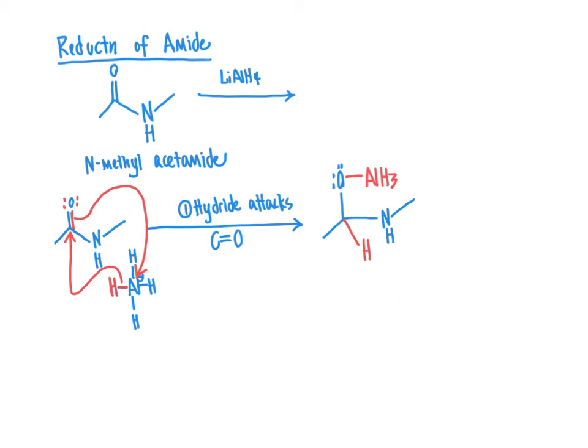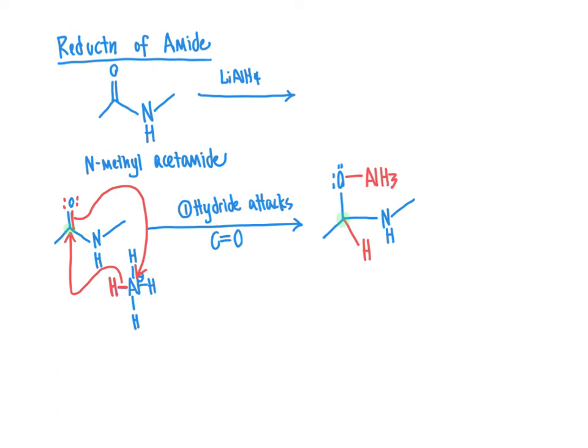And I will highlight in green here our carbonyl starting material, that carbonyl carbon becomes the carbon that we have in the product side right here. So now we have our oxygen directly bonded to the aluminum, oxygen AlH3. We have our hydride that's come in and formed a bond there, and we have our methyl group as well.